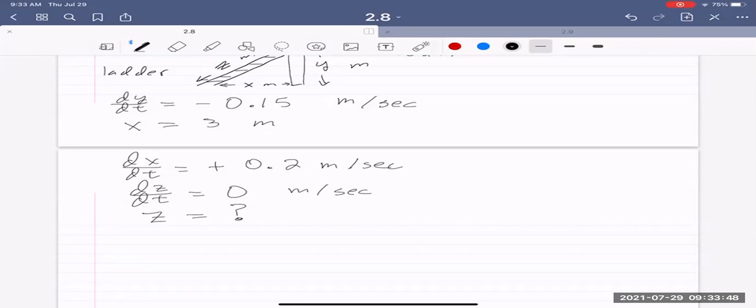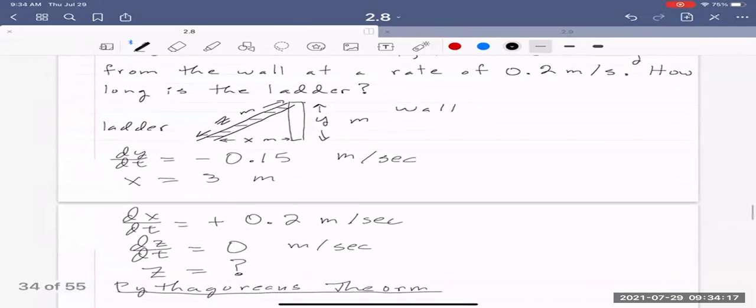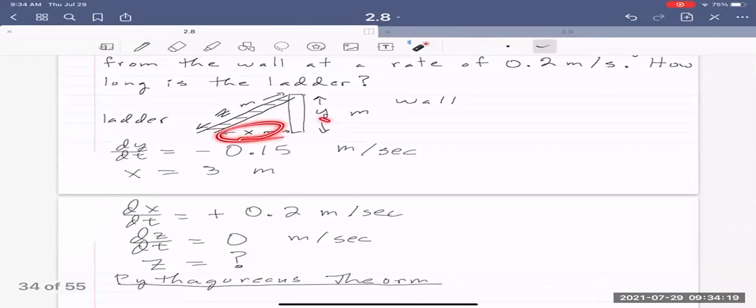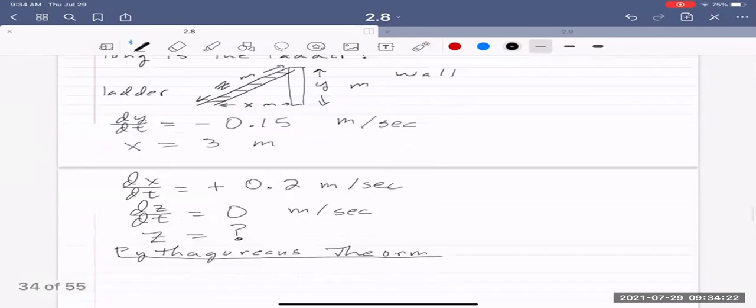Well, I have here Pythagorean's theorem. And so I have that a squared plus b squared equals c squared, or in this case, x squared plus y squared is z squared.